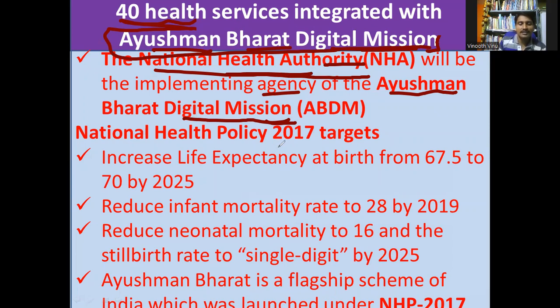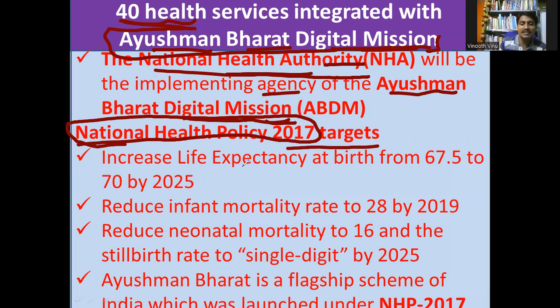Regarding the health policy, the Ayushman Bharat Digital Mission is very importantly under the National Health Policy of 2017. What are the targets? The main target is to increase life expectancy at birth from 67.5 to 70 years by 2025. What is life expectancy?